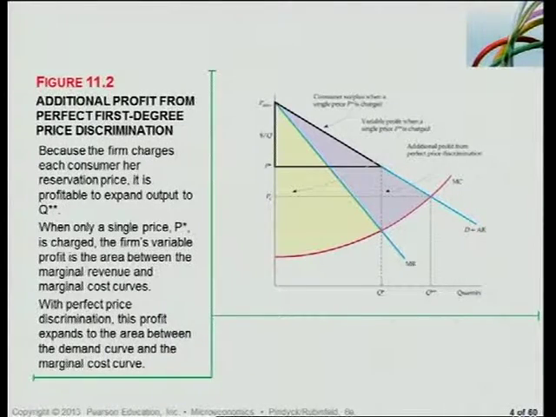Because each consumer is charged its reservation price, it's profitable for the firm to expand output to Q asterisk, and the additional profit is that purple shaded area.